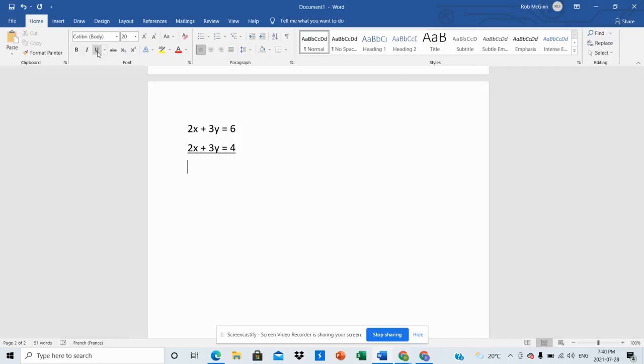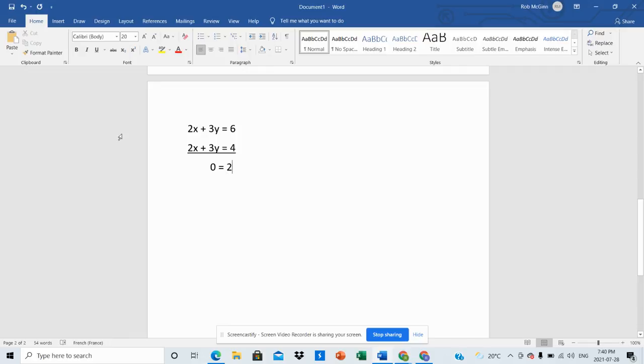So we're going to just subtract these. So if we do 2x minus 2x, our x's cancel out. 3y minus 3y, our y's cancel out. So we're left with 0 on the left. On the right, though, when we do 6 minus 4, we're left with 2.